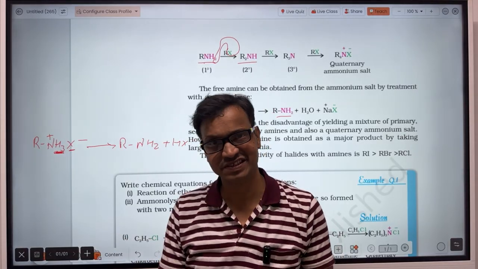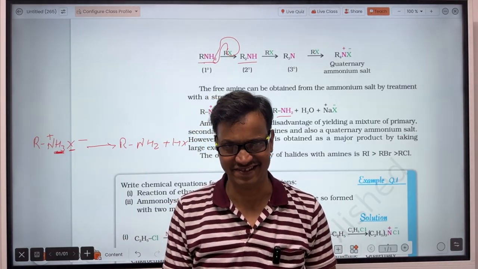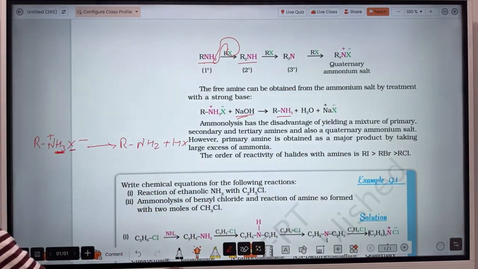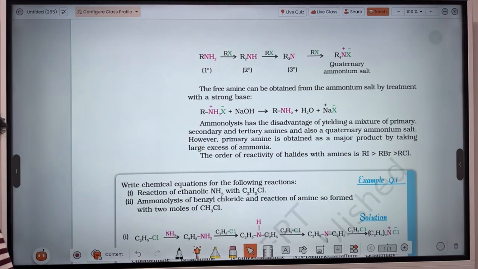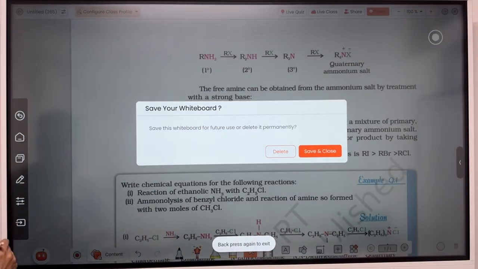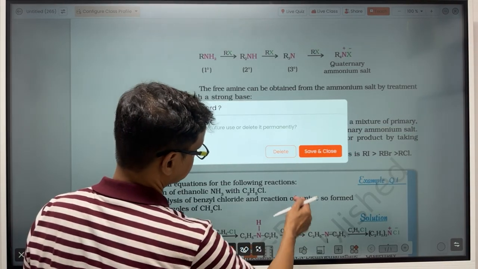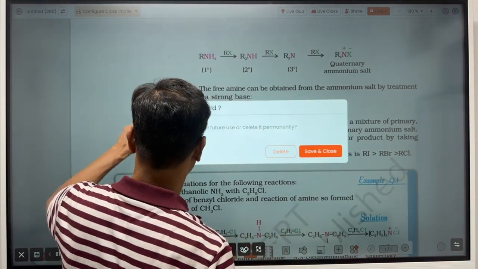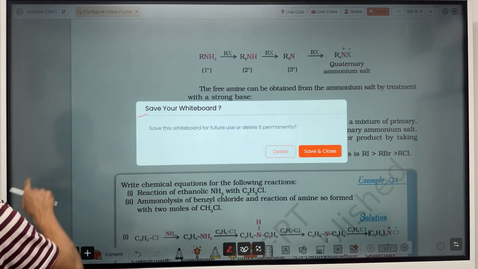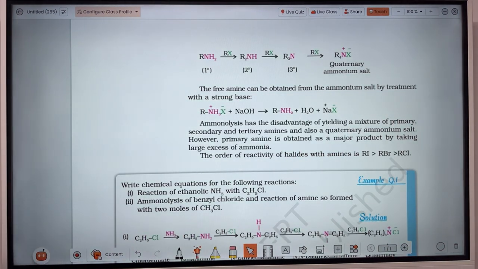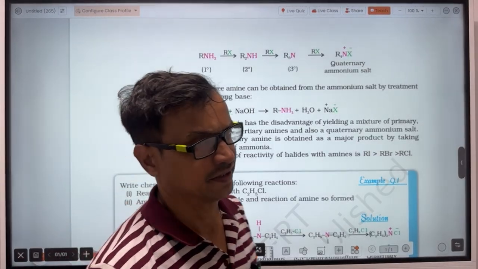So I am doing this reaction by taking an example. I am taking the example of propyl halide.